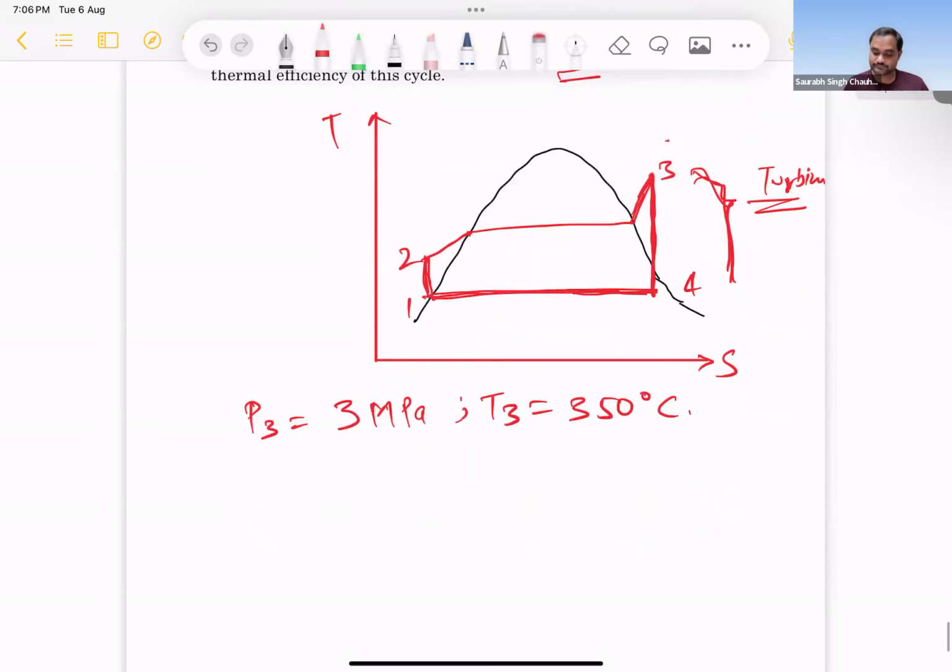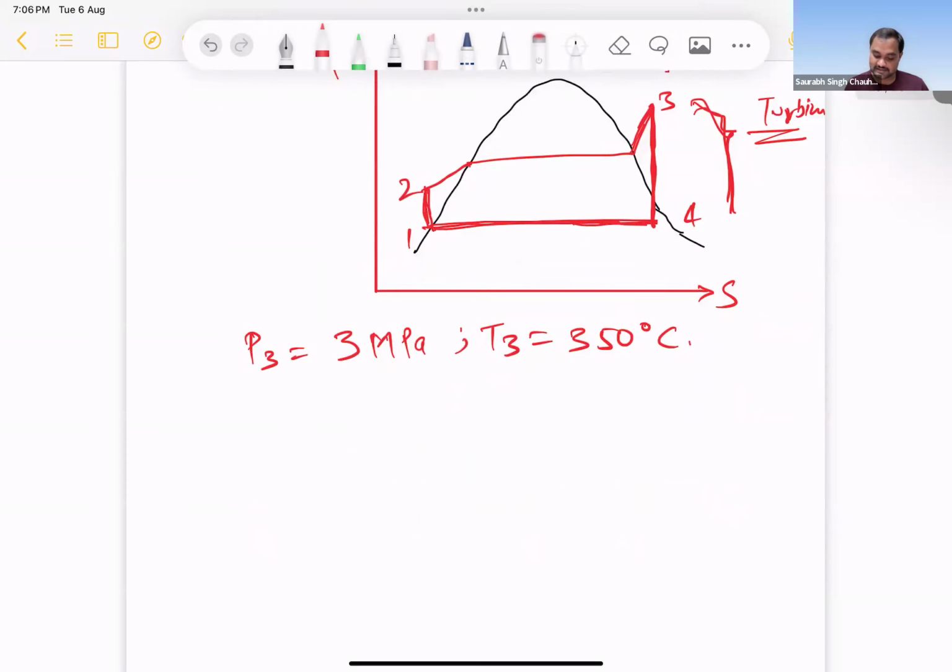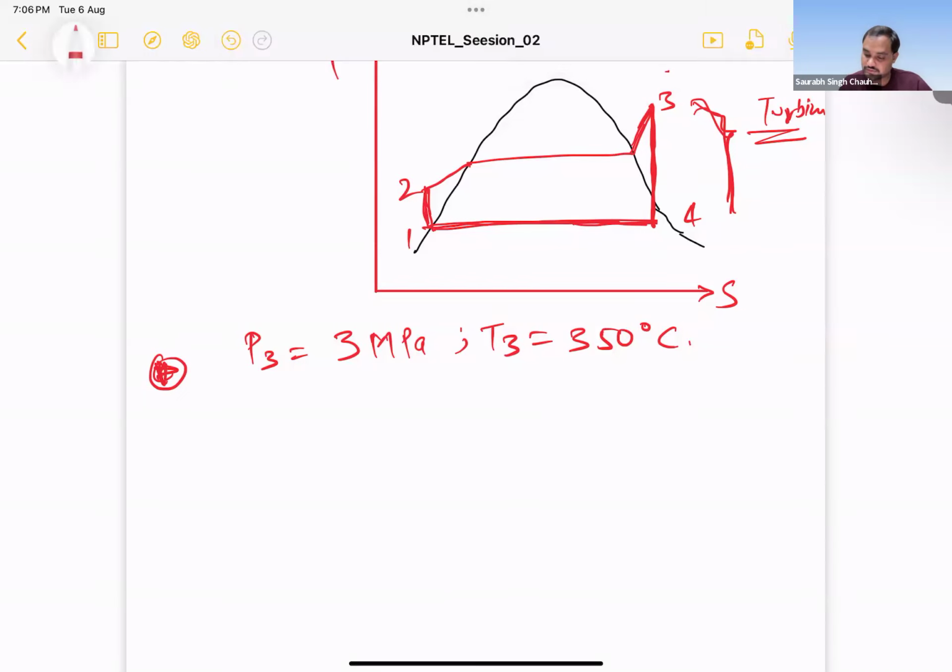Okay, so first let us find other quantities at point 3. So where is that book?